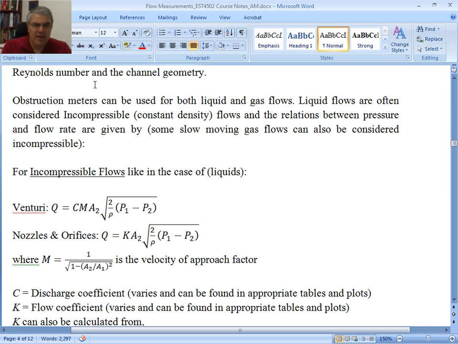I show it here as a capital I, incompressible. That means they have a constant density.